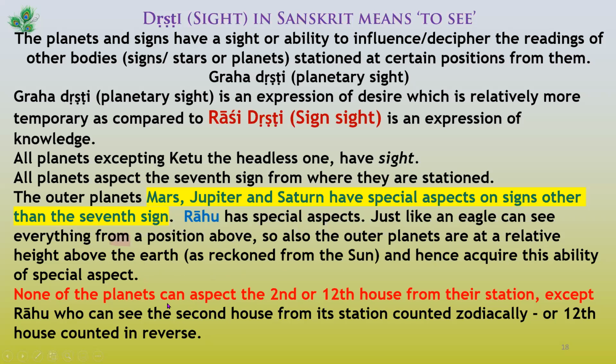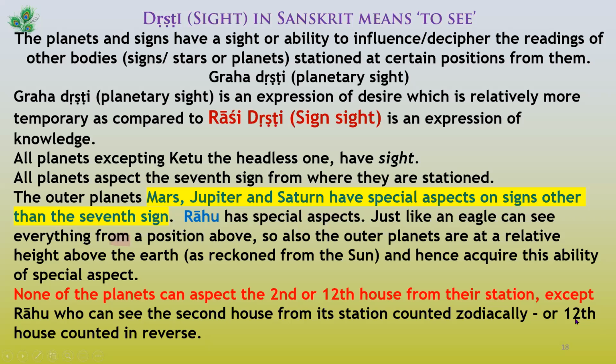None of the planets can aspect second and 12th from their station except Rahu, who can see the second house from its station counted zodiacally. That means because Rahu is retrograde, we have to count it zodiacally. If we count it zodiacally, then it's the 12th house.